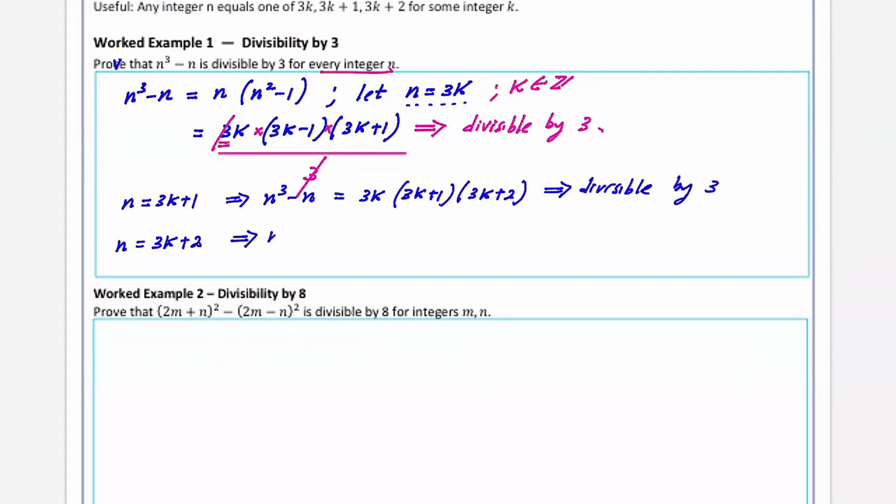So that would be again n cubed minus n is equal to, you get 3k plus 1, 3k plus 2, and 3k plus 3. So 3k plus 3, you can take 3 out from here.